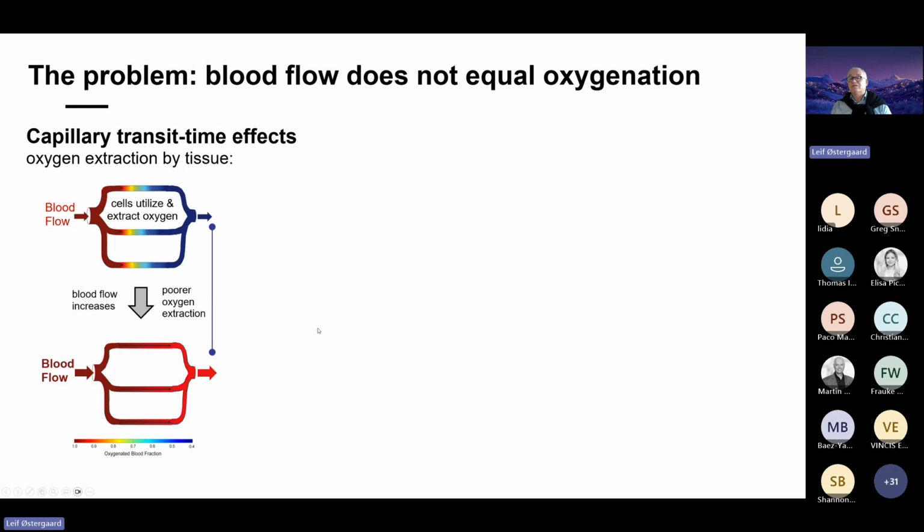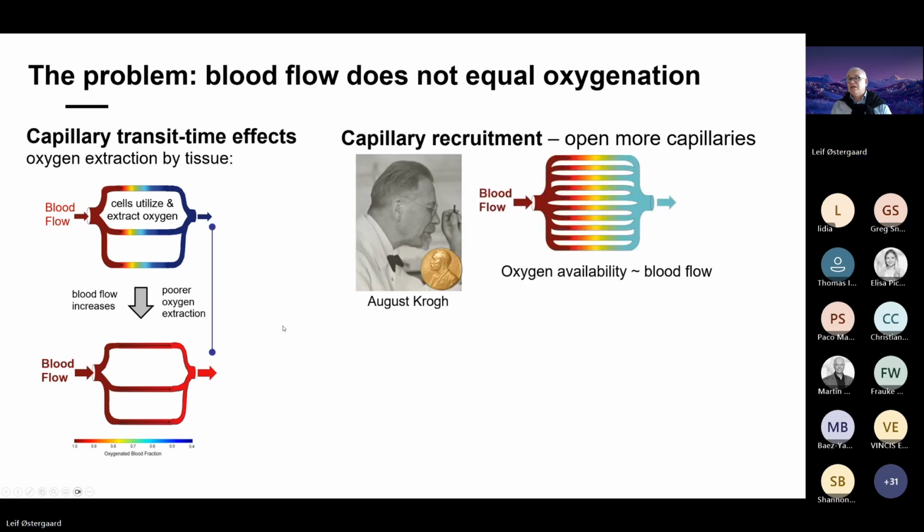but very good at the top figure. So one of my countrymen, who was actually born quite close to where I sit in Denmark now, came up with a solution for that that actually won him the Nobel Prize in 1920. He was interested in this problem in muscles, but it's a problem in all organs, of course.